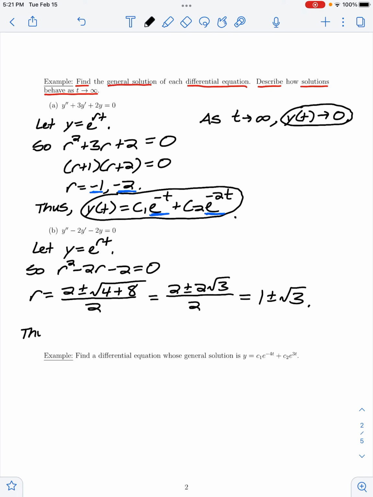Therefore, the general solution of this equation is given by C1 times e raised to my first root, let's say 1 plus the square root of 3 times t, plus C2 times e raised to the other root, which was 1 minus the square root of 3 times t.